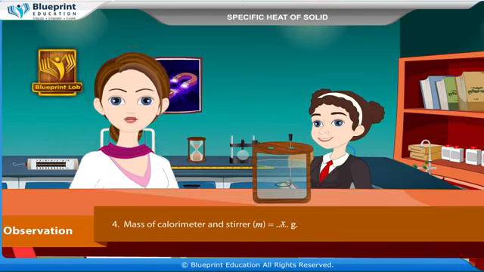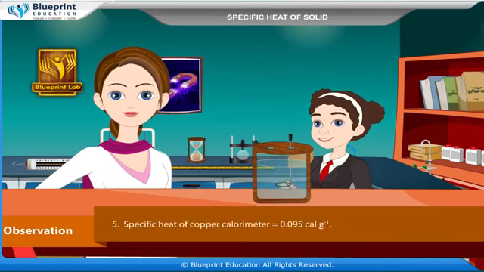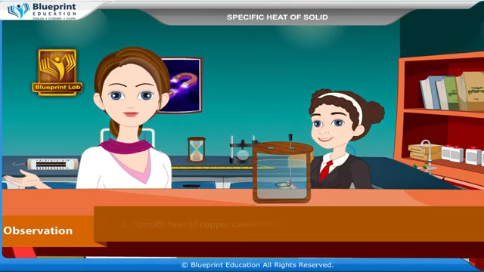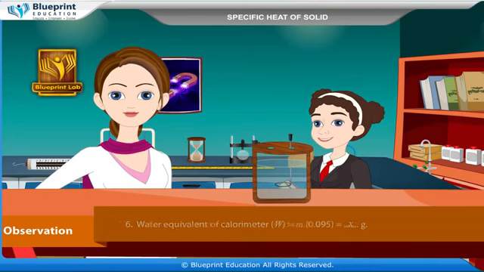Mass of calorimeter and stirrer, M, is equal to X gram. Specific heat of copper calorimeter is equal to 0.095 calorie per gram. Water equivalent of calorimeter, W, is equal to M times 0.095, is equal to X gram.